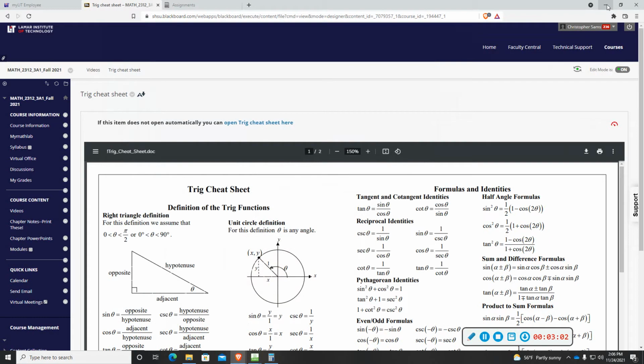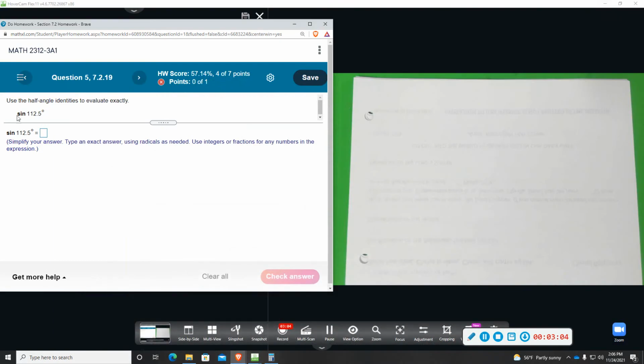Okay, so this problem wants us to do sine 112.5. It tells you to use the half angle identity. So I'm going to write that half angle identity down.